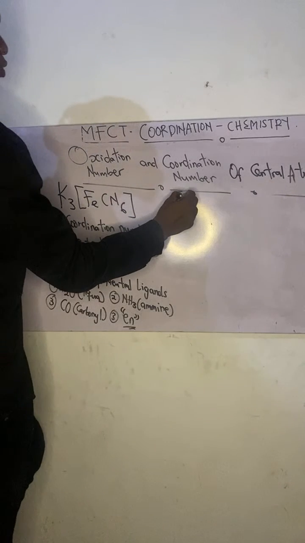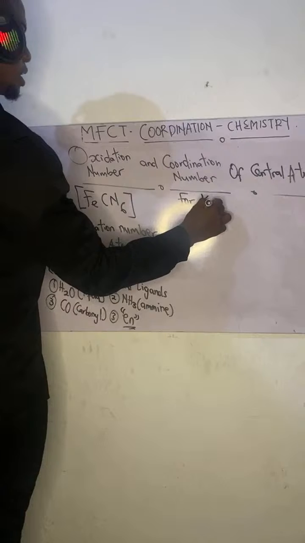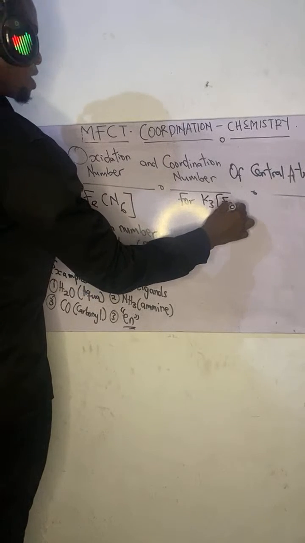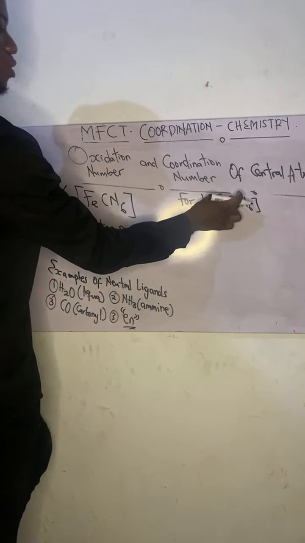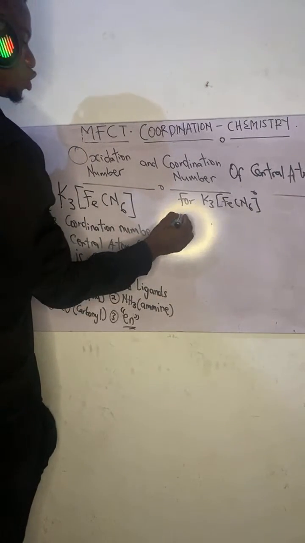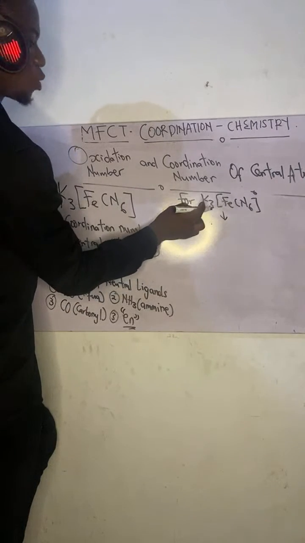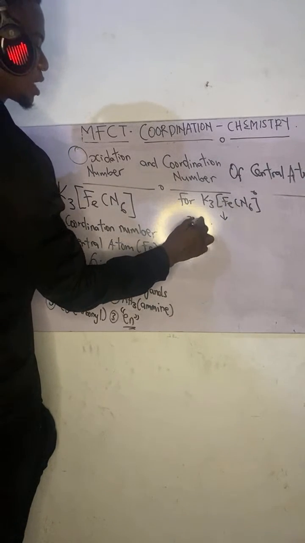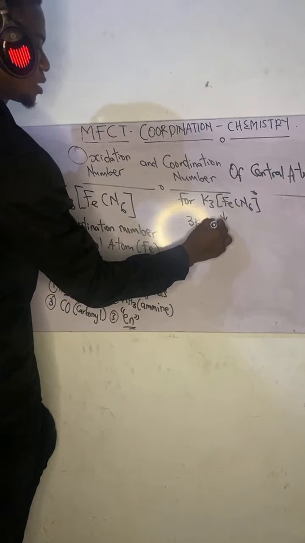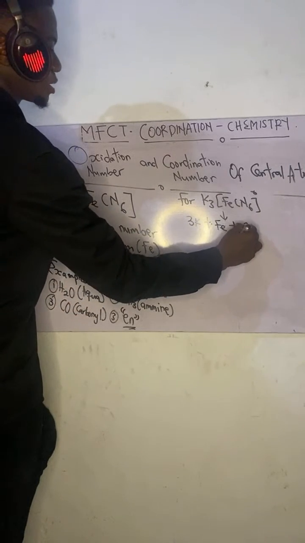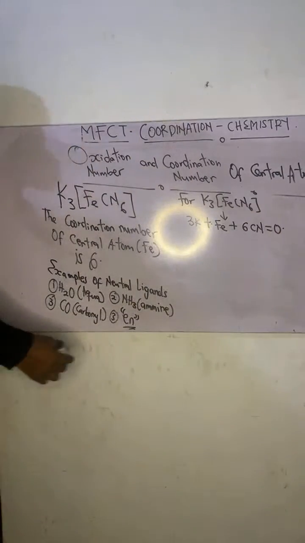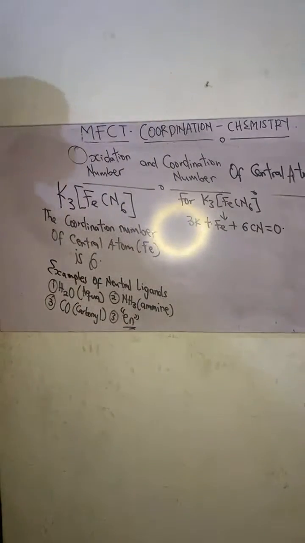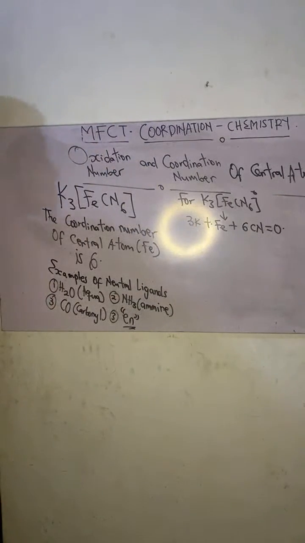So for K3[Fe(CN)6], if you want to do the oxidation number, you will just say how many K do we have here? That is 3. That will be 3K plus Fe plus 6CN equals 0, because the total charge there is 0. K is potassium, it belongs to group 1, and the oxidation number of group 1 is plus 1.